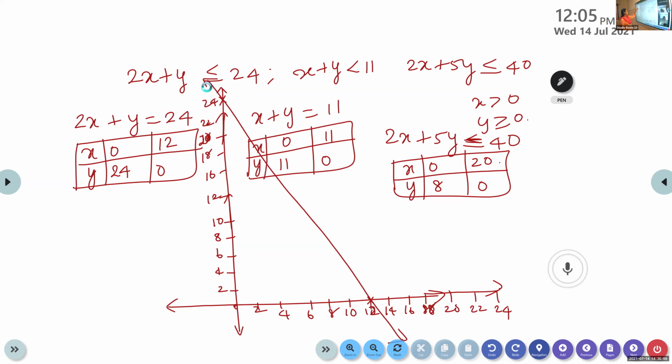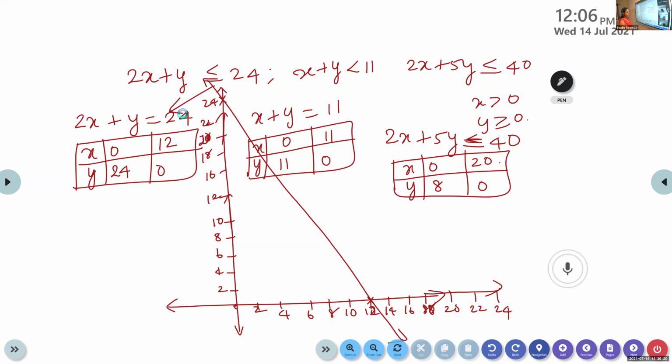If you put 0, 0, 0 plus 0 is less than or equal to 24. Is it true? When you put 0, 0, you can check easily because the line is not passing through the origin. When you substitute 0, 0, 0 is less than 24 is true. Therefore, we have to shade the region below this line.